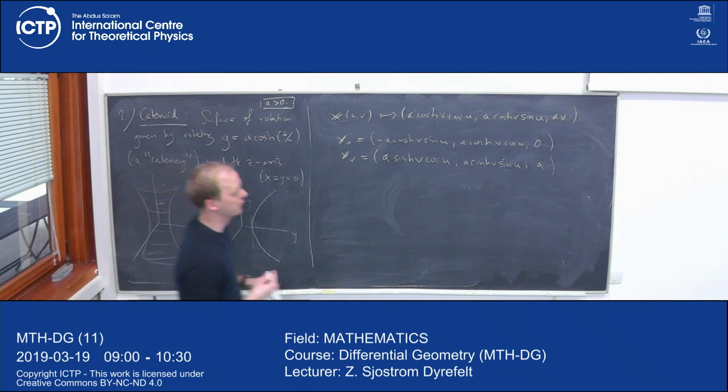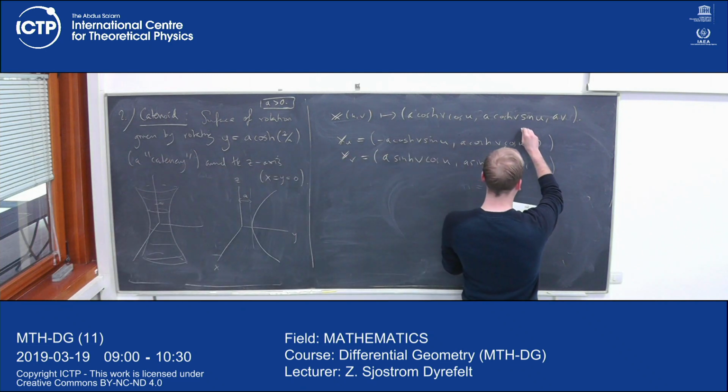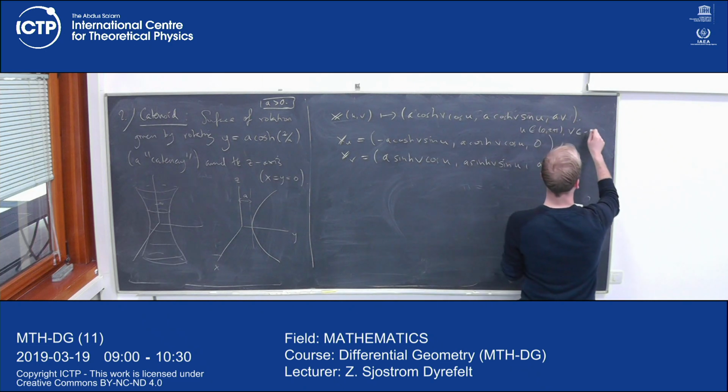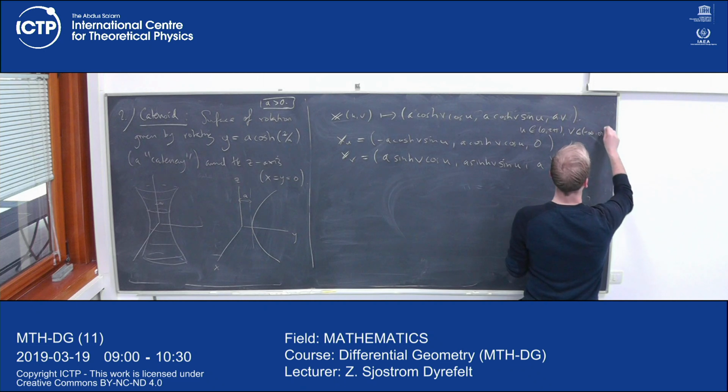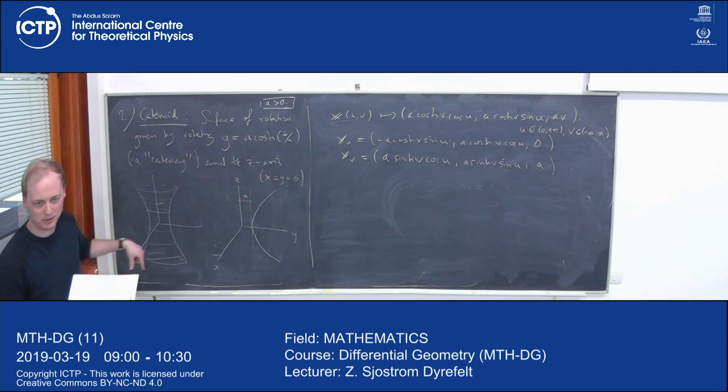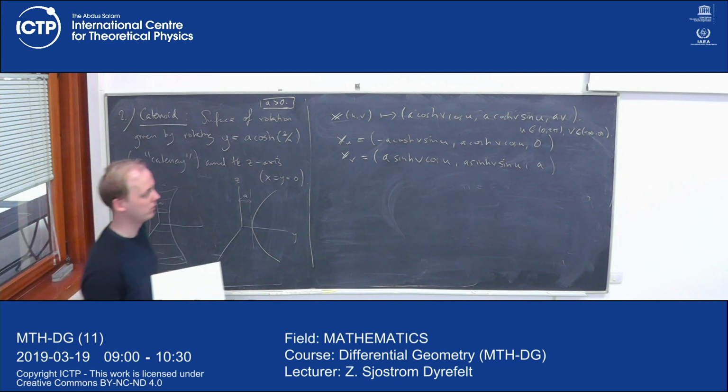By the way, I forgot to say, where are u and v? So u here lies in 0 to 2 pi, and v lies in minus infinity to infinity. So it goes off to infinity, but u is in 0 to 2 pi.